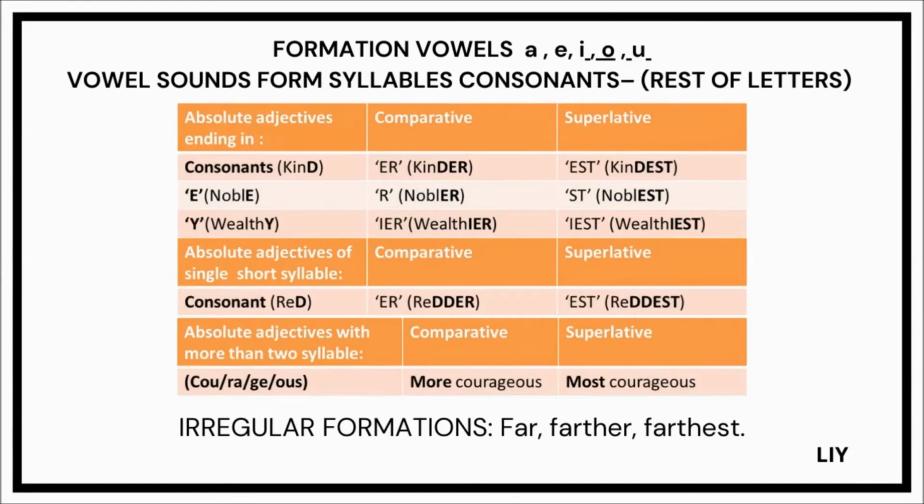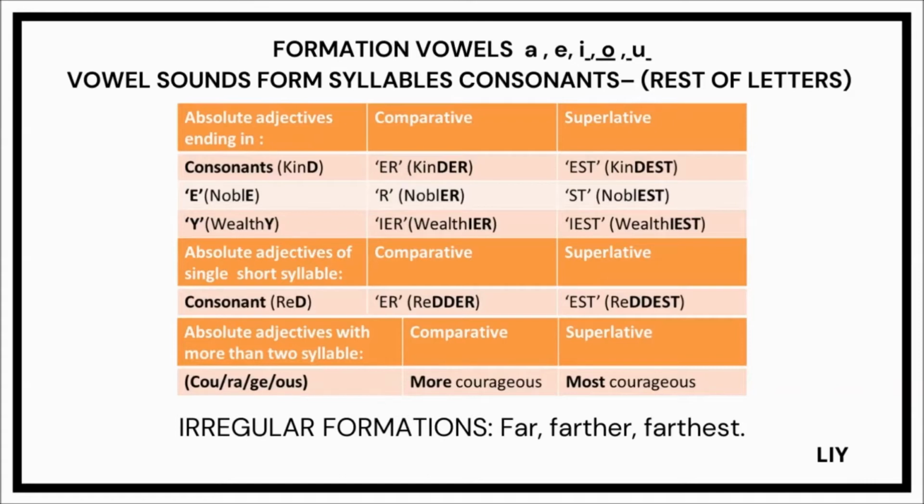If you have an adjective ending in a consonant and having only a single syllable, for example, kind. Here, when you say the word kind, you can hear the vowel I. Therefore, it has only a single syllable. To form the comparative, we just add ER, forming kinder. The superlative degree would be formed by adding EST.